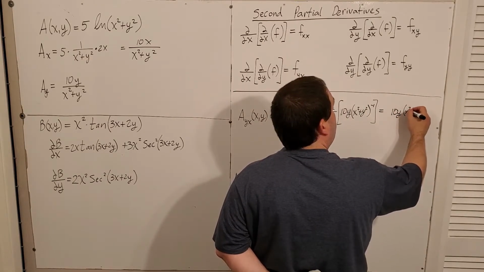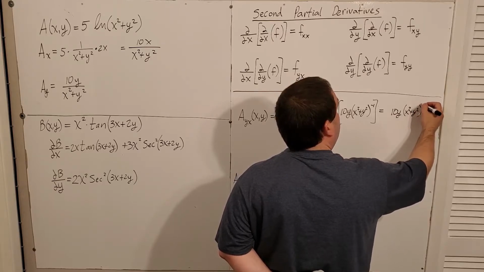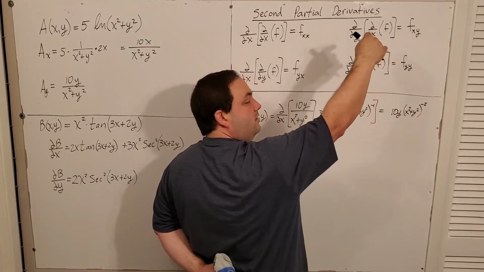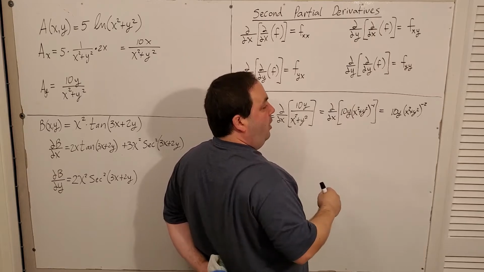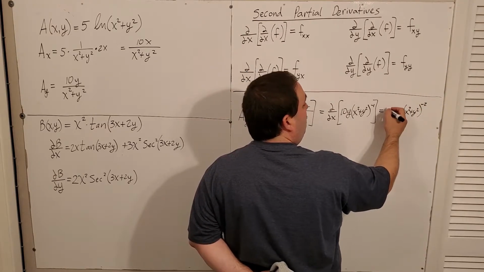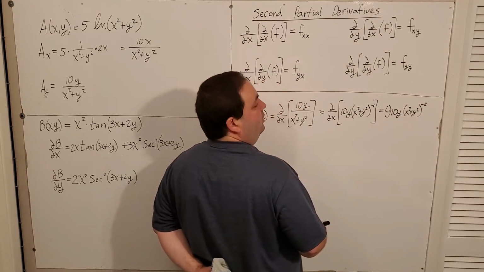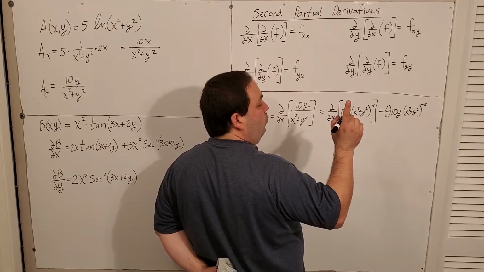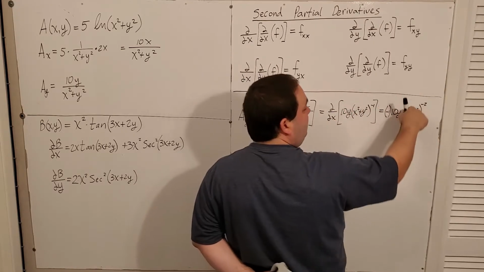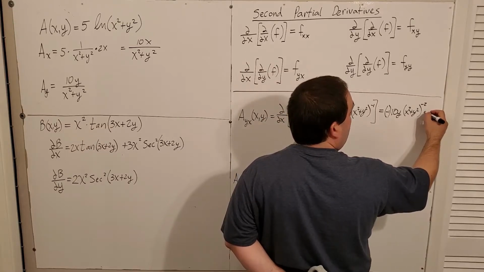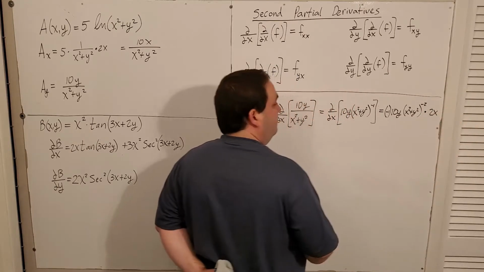I'll still have the x squared plus y squared to the negative 2 now, right? Because I'm going to do a power rule, so I'm going to drop a power. But that also means the negative 1 would need to multiply in front. And it's a chain rule. Derivative with respect to x of the inside is going to give me multiplication of another 2x.